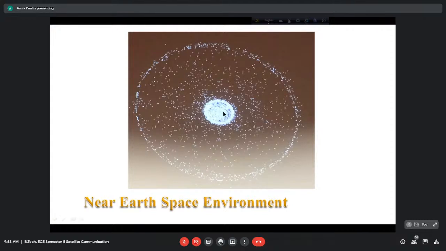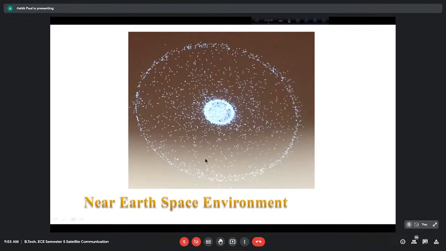Earth is at the center, and surrounding Earth, you can hardly see anything because of the large number of satellites which are there. As you go radially out from the surface of the Earth, the number density of the satellites decreases a little bit, but still they are plenty.